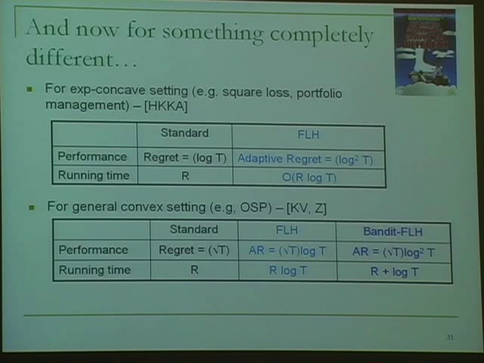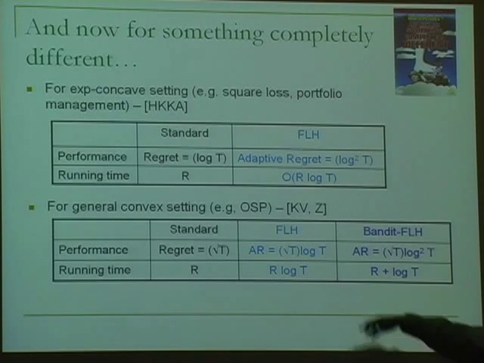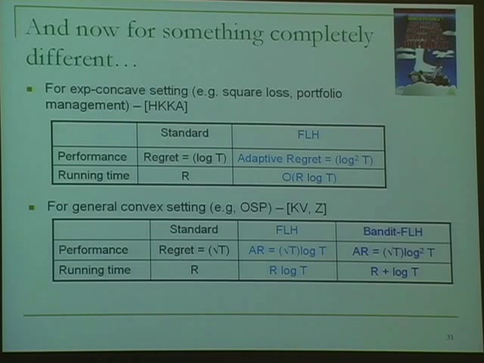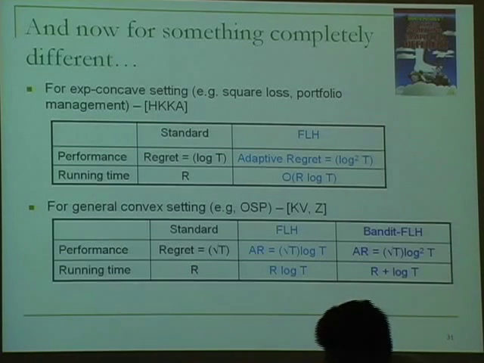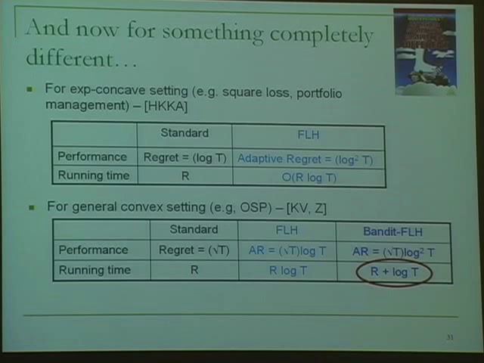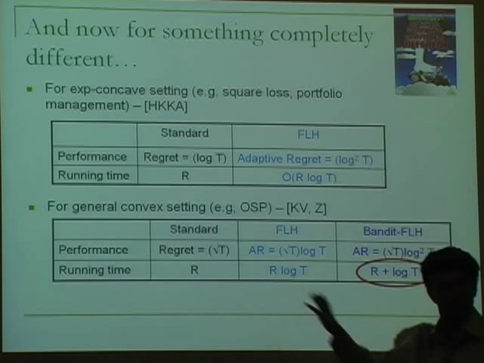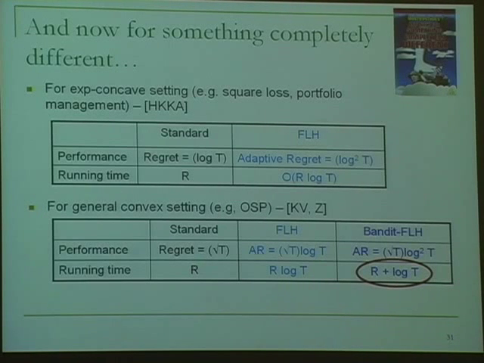So we'd be computing log t shortest paths in every round, but we get this much stronger performance guarantee. And the interesting thing is, here we can do a further optimization. If we're willing to lose a little bit more in the adaptive regret, we can cut the running time down to R plus log t, which means in each round we're doing practically the same amount of work as before. We're just computing a shortest path again, but we get this very strong notion of convergence.